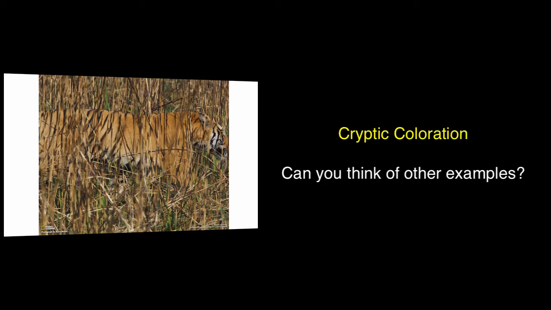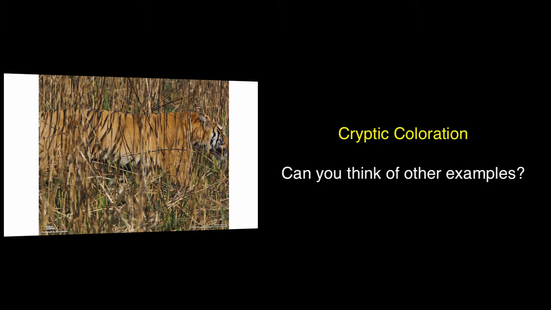The opposite of that is seen in this predator, but it's obviously a very common adaptation in prey as well, and that's called crypsis, or cryptic coloration, or camouflage. Whether you are a predator or prey, particularly if you're a predator like this tiger that stalks its prey, being camouflaged will increase your odds of making a kill.